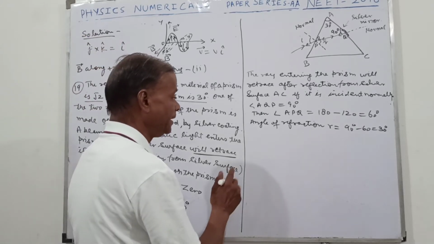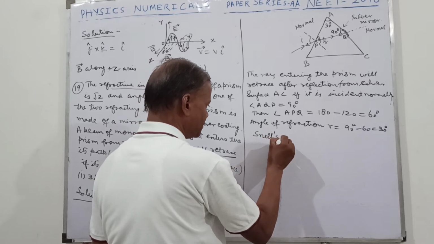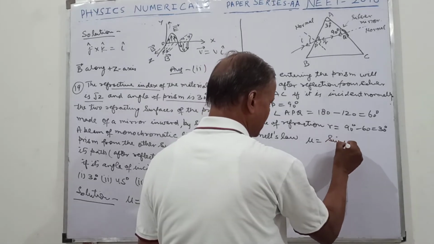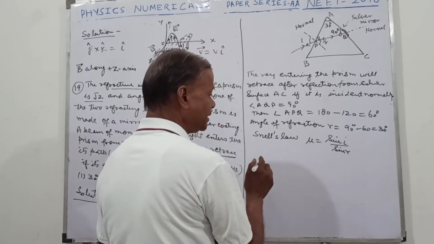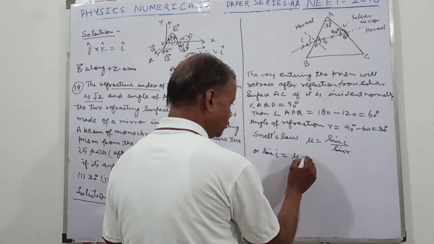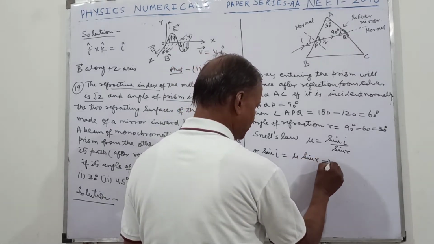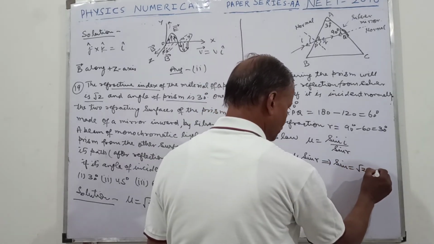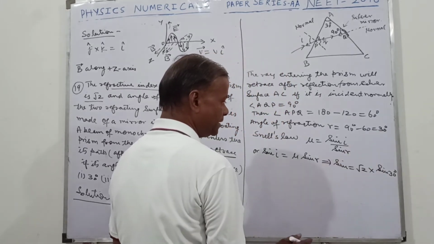And now we will apply Snell's law. Mu equals sin i upon sin r. We have to find i. Sin i equals mu sin r, where mu is root 2 and r is 30 degree.